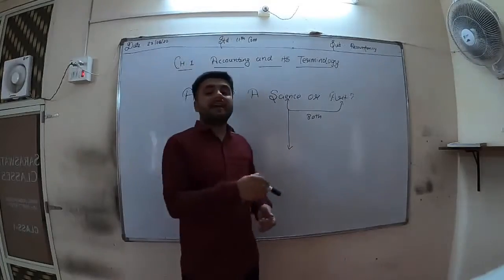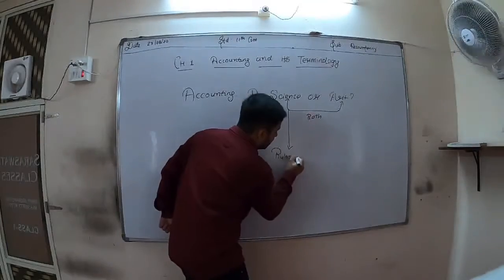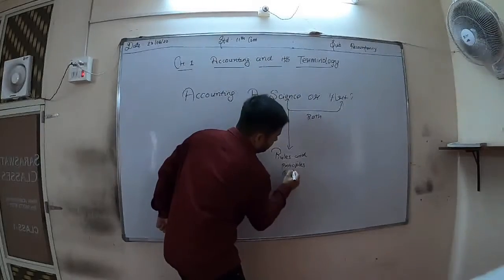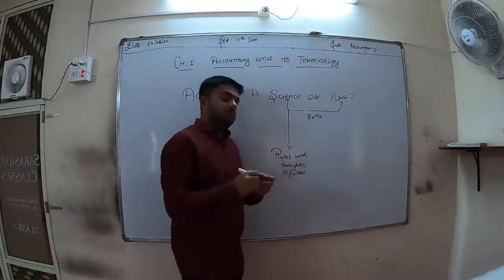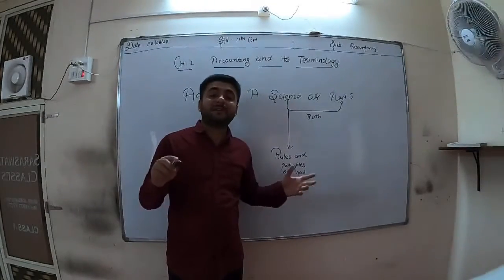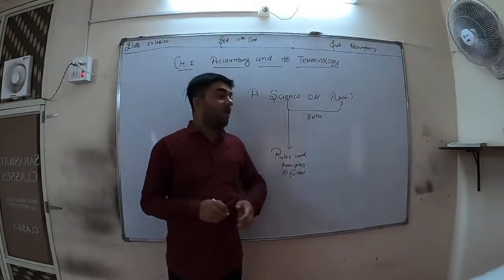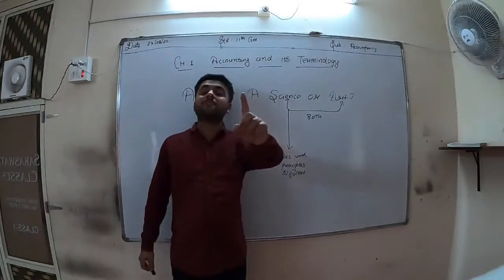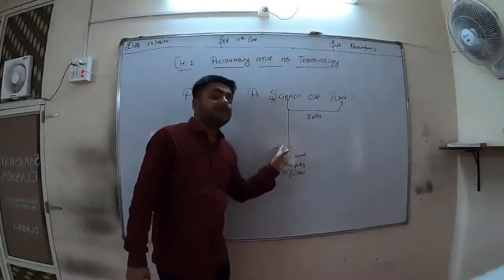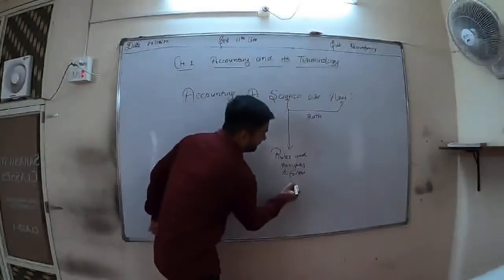Suppose if you are an engineer, then there will be rules and principles to follow. The best example is Lenz's formula and all the chemistry formulas, all the metal denominations. All these things have some rules, means you cannot make your own rules, you have to follow the rules and principles which are given. So in science we have rules and principles as base.